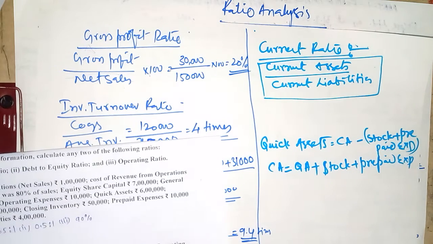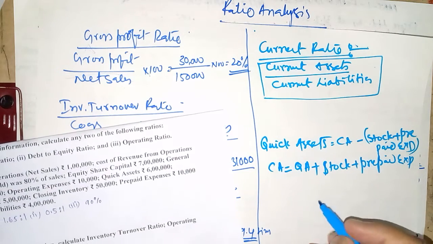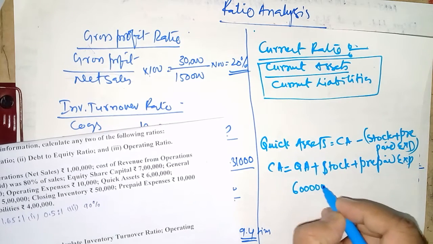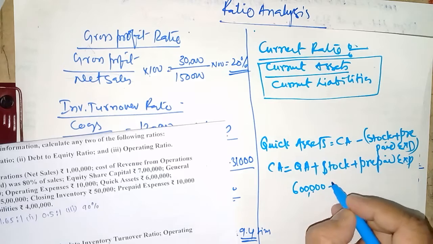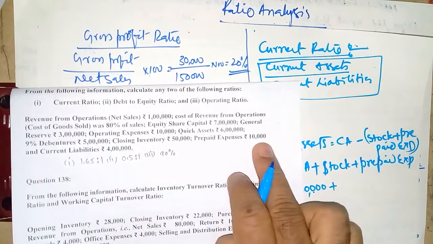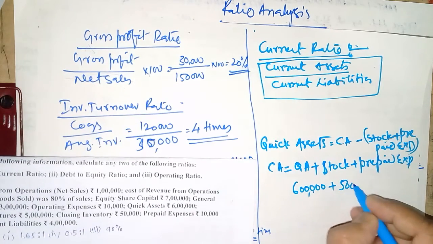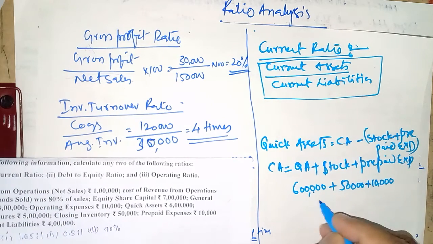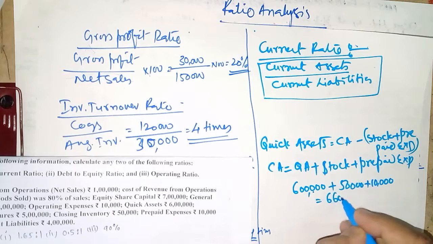So like this we can create the formula, right? So quick assets are 6 lakhs given in the question, plus inventory is 50,000, prepaid is 10,000, right? That is equal to 6 lakhs 60,000.